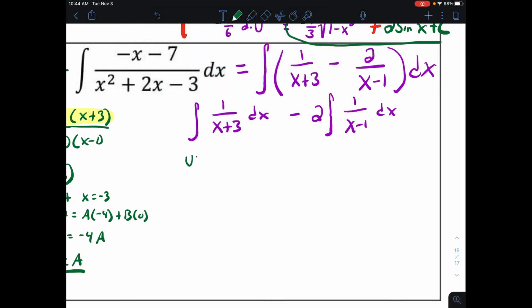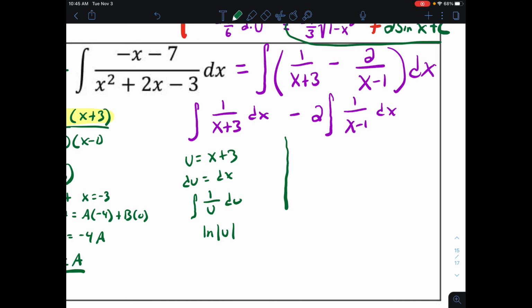So I could let u be equal to x plus 3 here in this first one. So if u was x plus 3, du would equal dx. And so really you're looking at the antiderivative of 1 over u du, which is going to be the natural log of the absolute value of u.